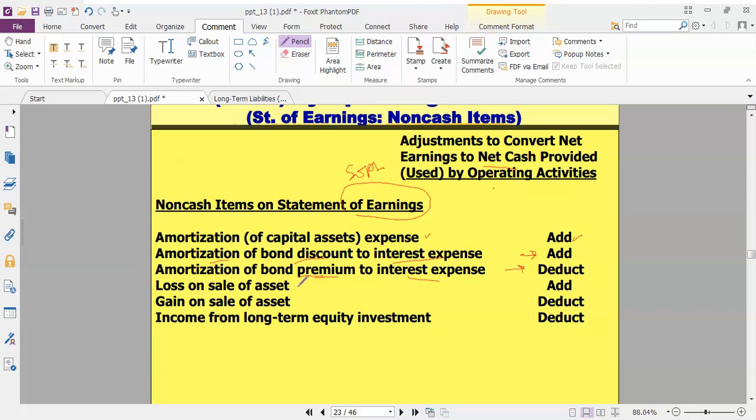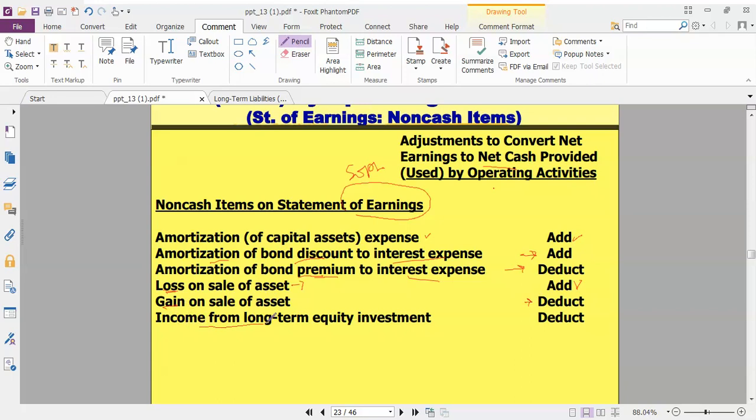Okay, and then loss on sales of assets. If there is some long-term asset or non-current asset that the company did not use, so that the asset is sold to other parties. If there is a loss on the sale of the asset, we must add on. And then if there is a gain, you should deduct. What else?